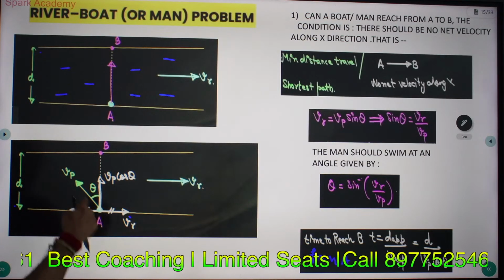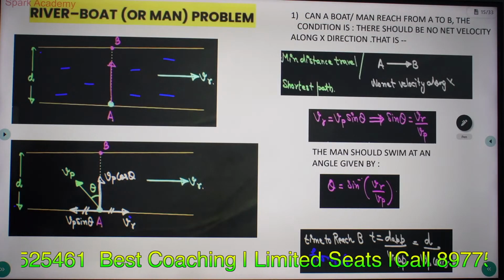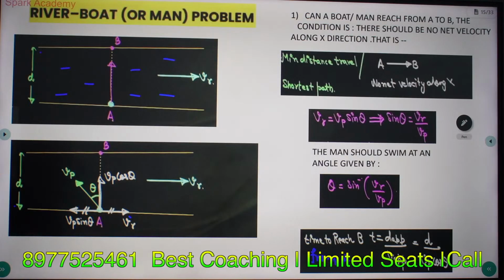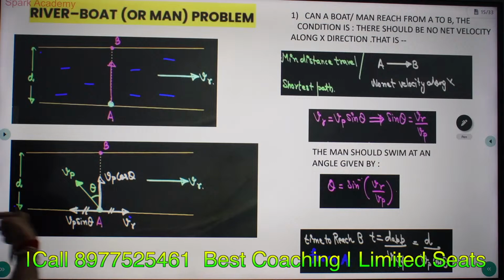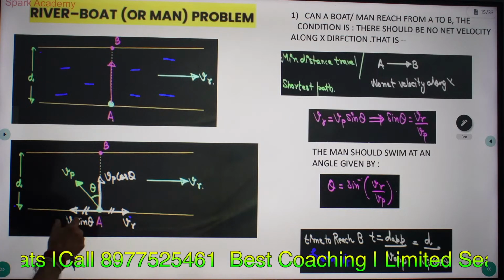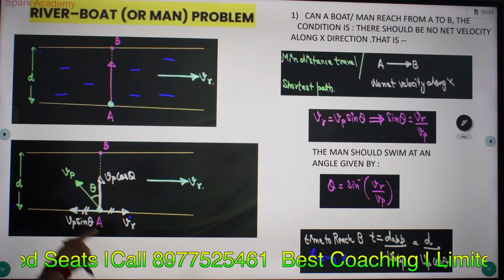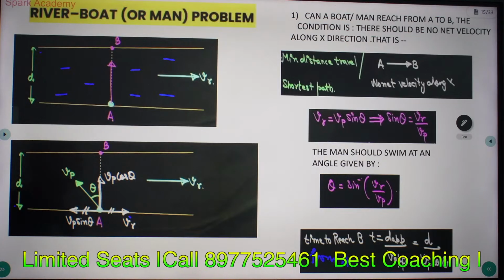This Vp is resolved into two components, Vp cos theta and Vp sin theta. You can see that Vp sin theta is exactly opposite to Vr. Vr is in the east direction, Vp sin theta in the west direction. If these two are equal and opposite, then there will not be any net velocity in the x direction. So this is the condition we have to utilize.